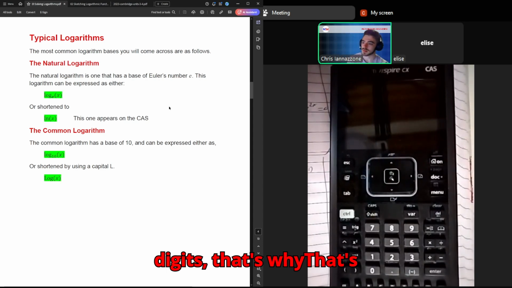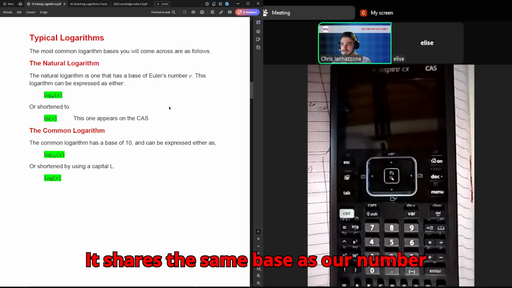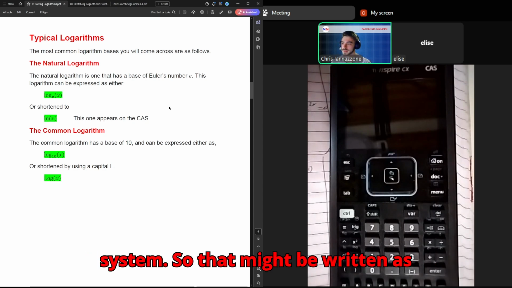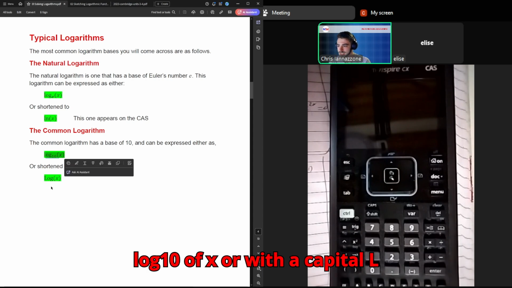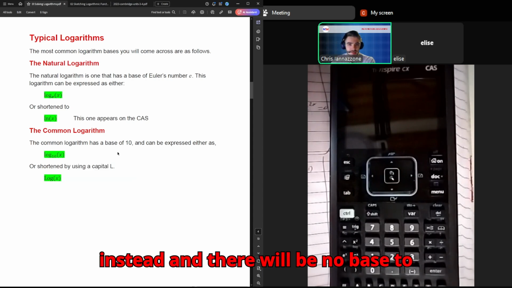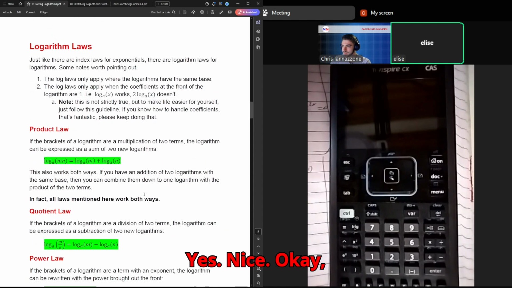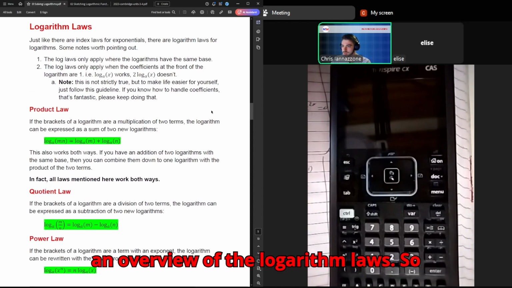That's why it's the so-called common logarithm. It shares the same base as our number system. So that might be written as log 10 of x, or with a capital L instead, and there will be no base to speak of. Clear enough? Yeah. Nice.